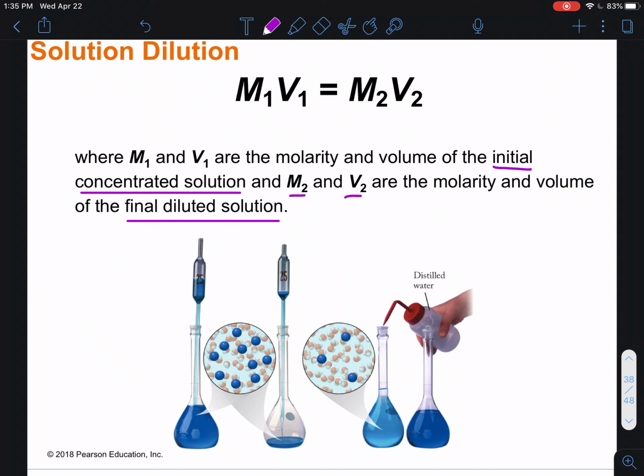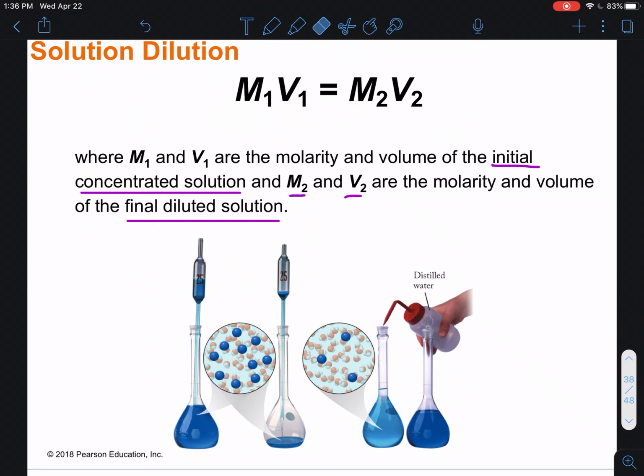So if you know this, and you know this, and you know this, you can figure that out. So essentially it's going to be algebra when we figure all these things out. So again, we're starting off with initial concentration at a certain volume, okay? And if we dilute it to a new volume, we're going to have a new concentration. That's essentially what it's saying, okay?